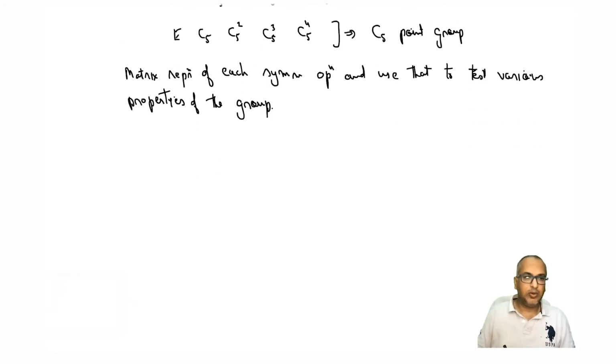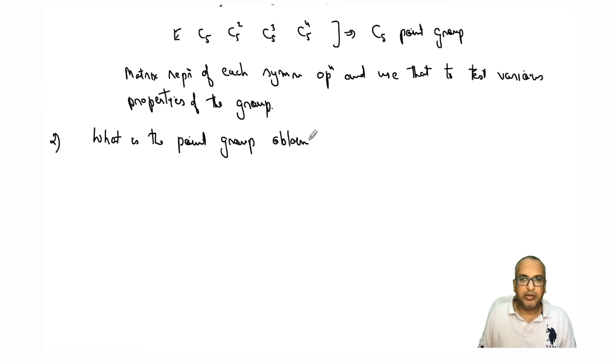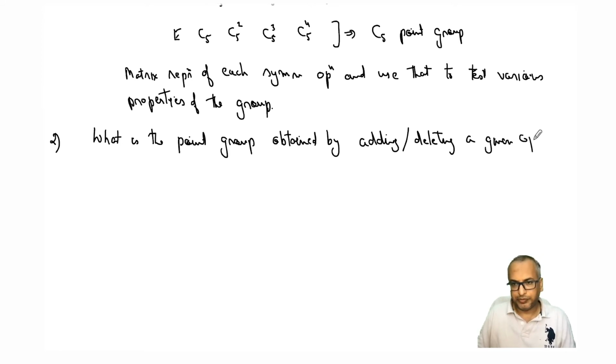So let us look at another type, which is actually a little difficult, not difficult, but you need a little imagination. So now say, what is the point group obtained by adding or deleting a given operation?